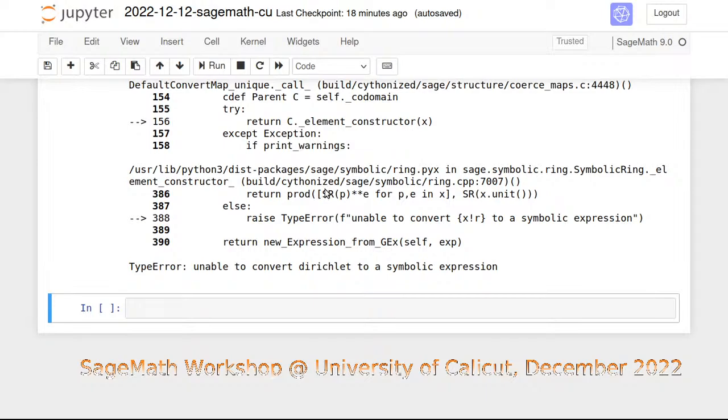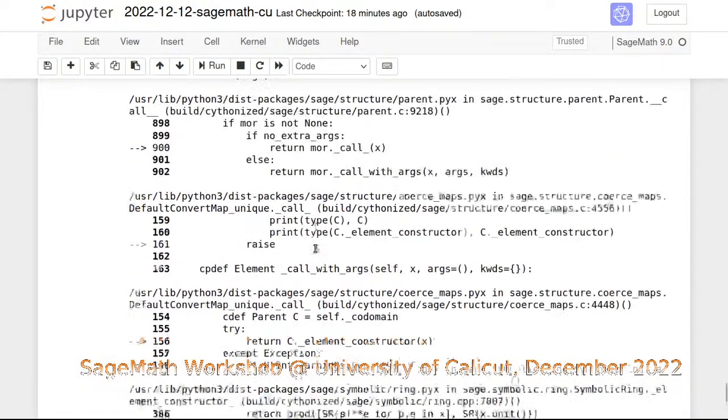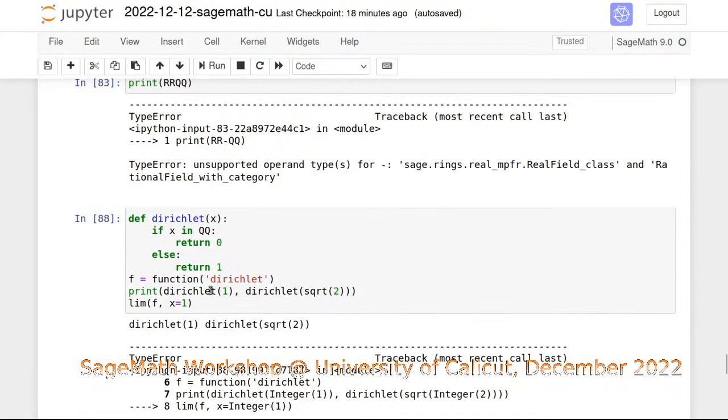No, I don't see a way out of that. Okay, we'll try to locate a way if at all possible. The Dirichlet function we can define like this, but that's not okay.